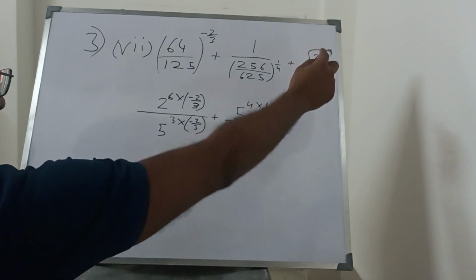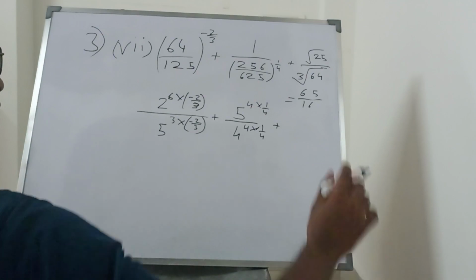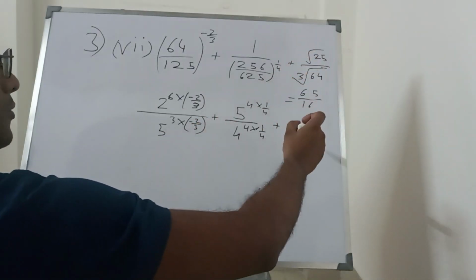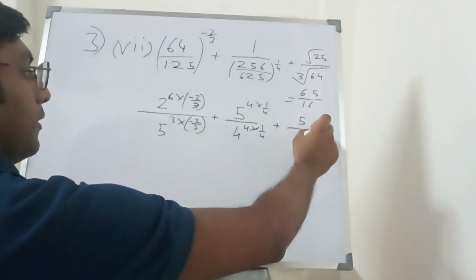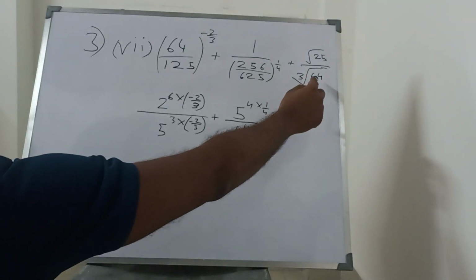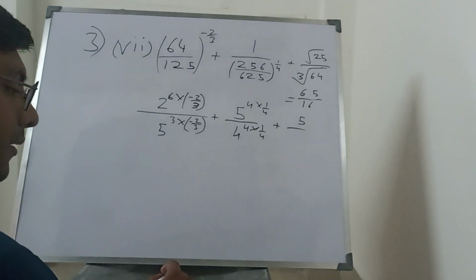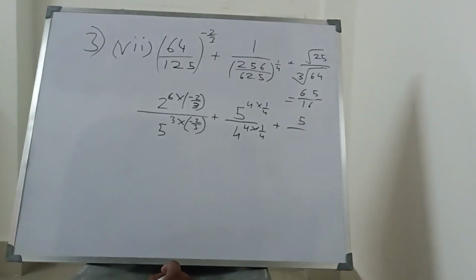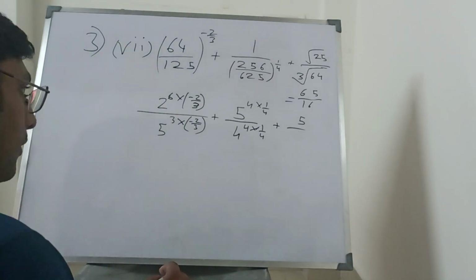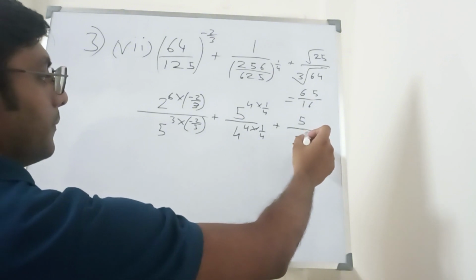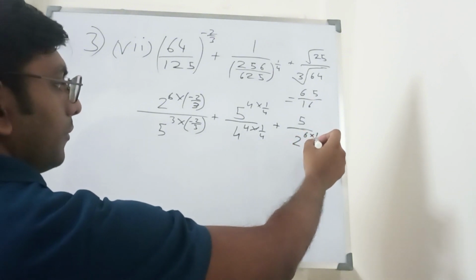And then I do this 5 square. If I add 5 square, the square gets cancelled because of the root, so it's 5 divided by 64 to the power 1 by 3. So 64 is nothing but 2 to the power 6. So 2 to the power 6 into 1 by 3.